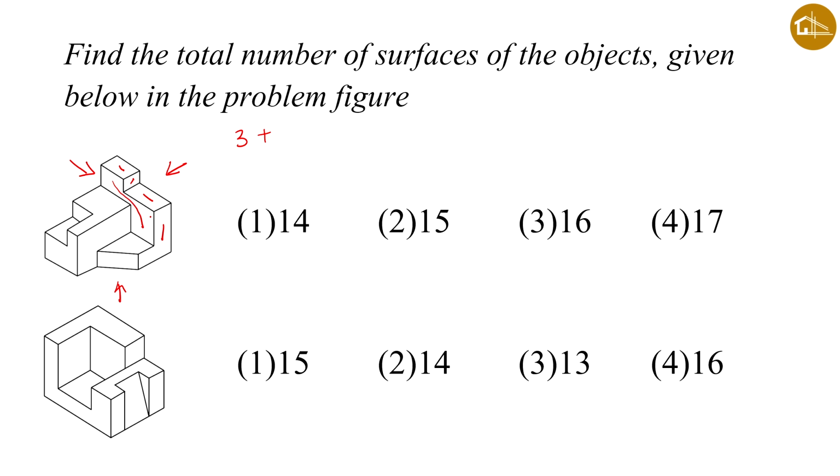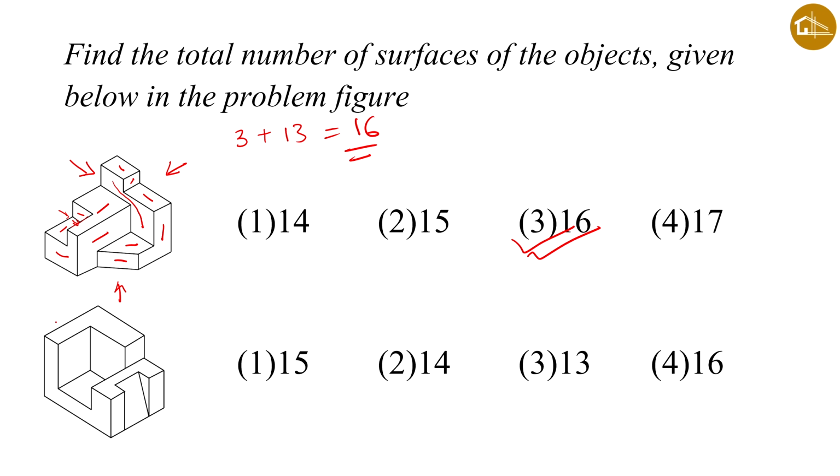This is whole one, 5, 6, 7, 8, 9, 10, 11, 12, and this is hidden from here. If you see, this portion is hidden, so 13. So 13 plus 3 is equal to 16. So 16 is the correct answer.